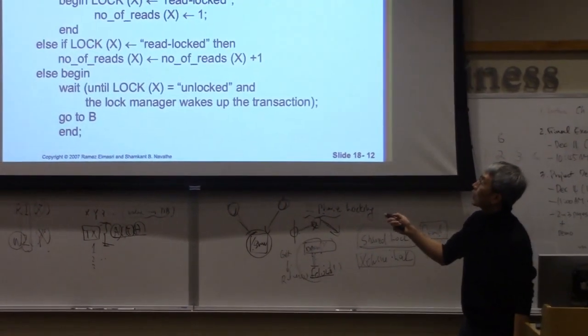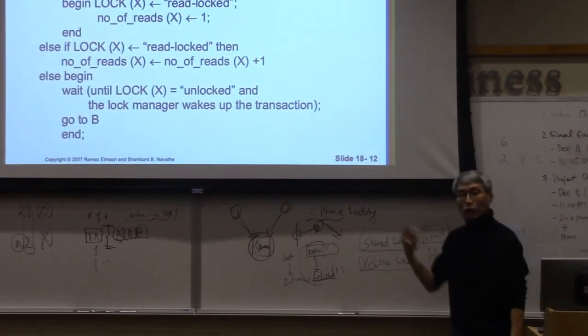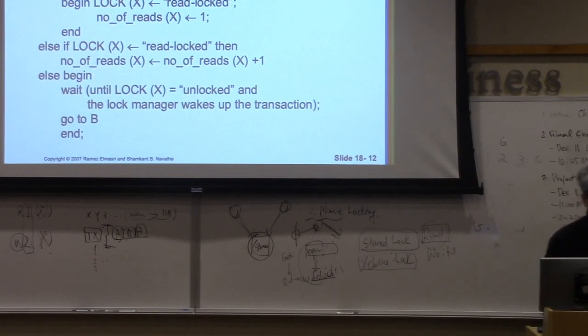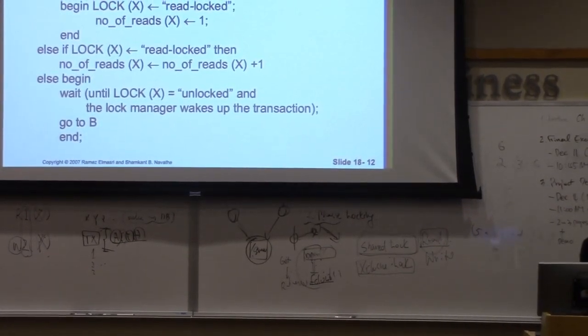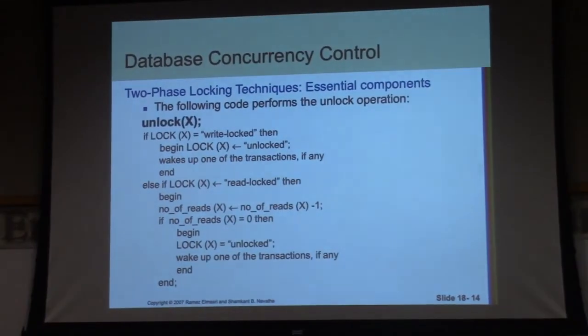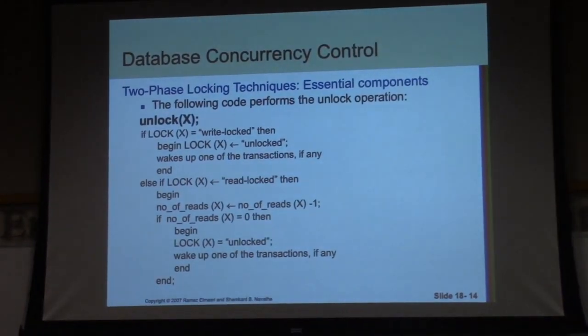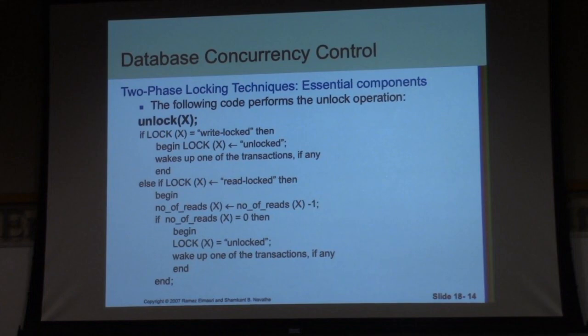On unlock, you reduce the number, and if it reaches 0, then notify. So this is the unlock operation.